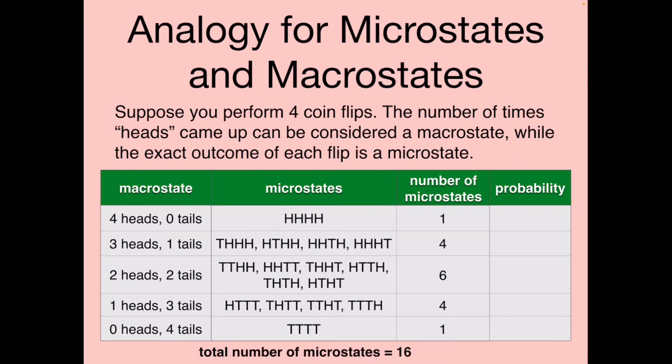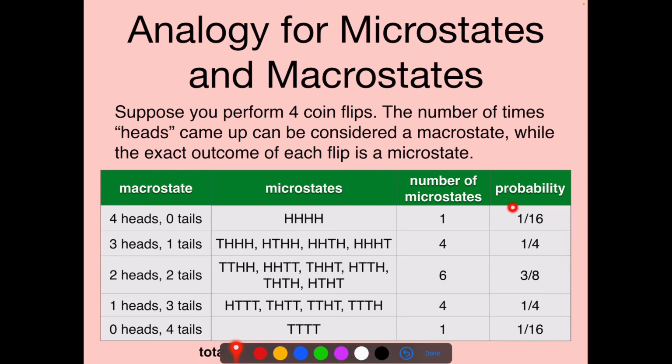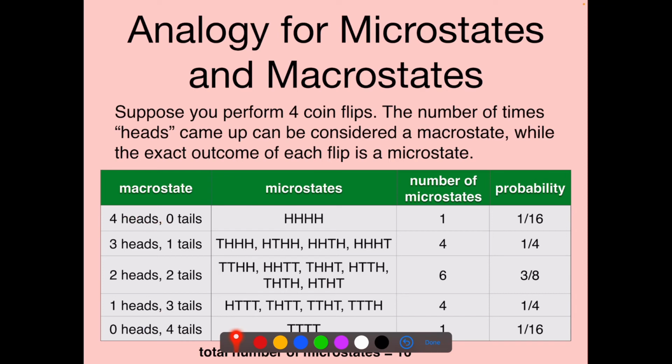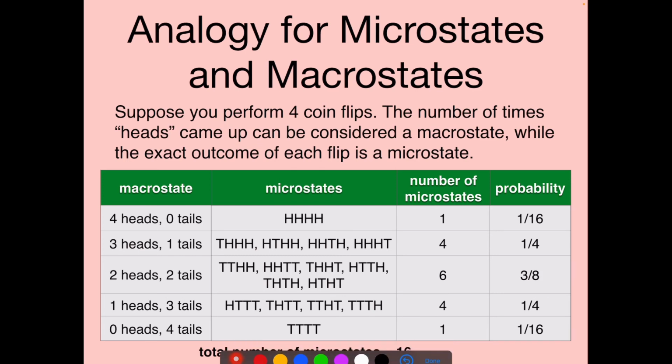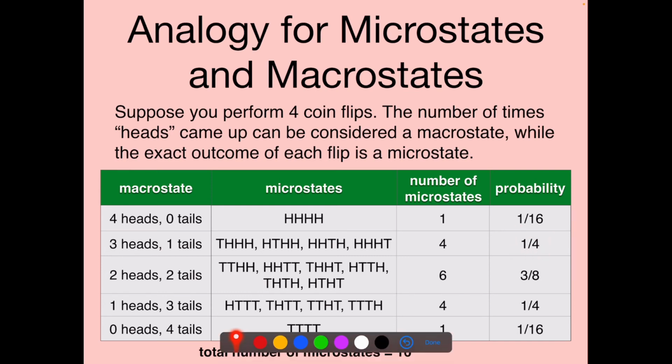Now, what is the probability of each one of these outcomes? Well, it's 1 in 16 to get 4 heads, 0 tails, because there's only one way that can happen out of a total of 16. But for 3 heads, 1 tails, there are 4 ways that can happen out of a total of 16. So the probability is 4 over 16, or 1 over 4.